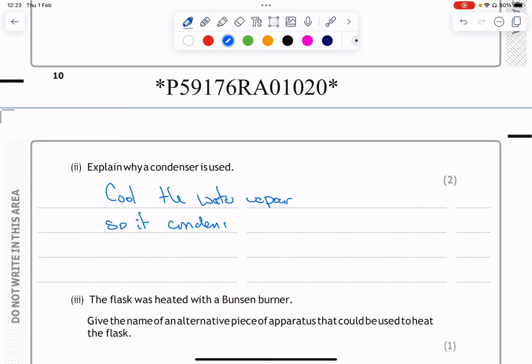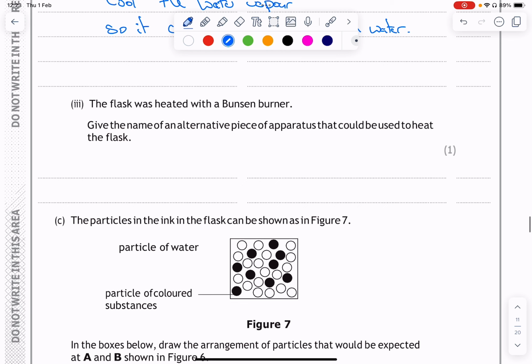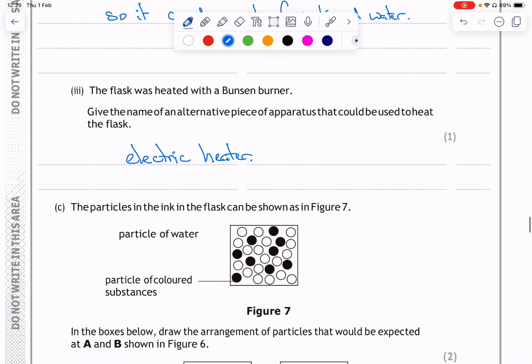So it condenses to form liquid water. The flask was heated with a Bunsen burner. Give the name of an alternative piece of kit. So in class, we normally do this using an electric heater in order to heat it up.